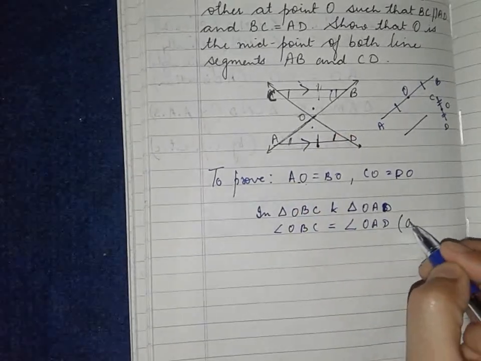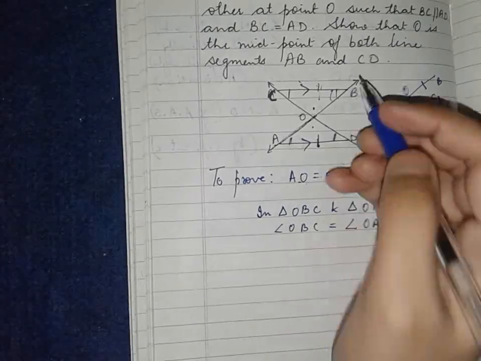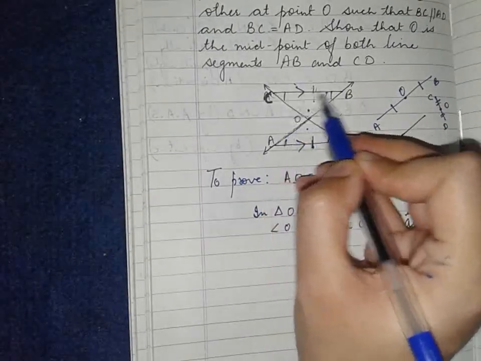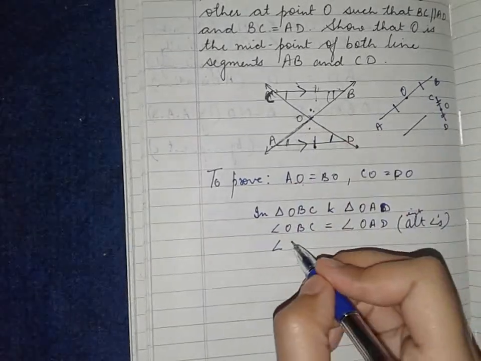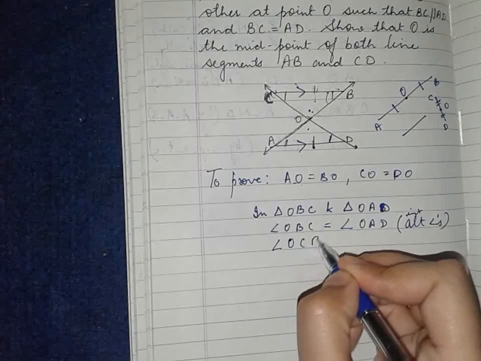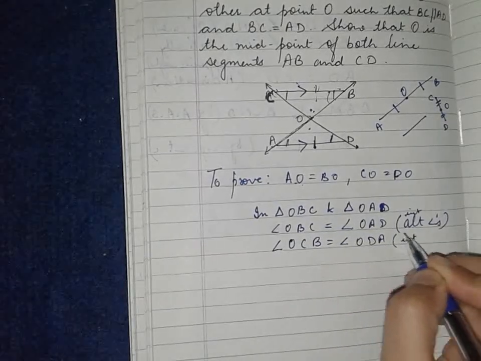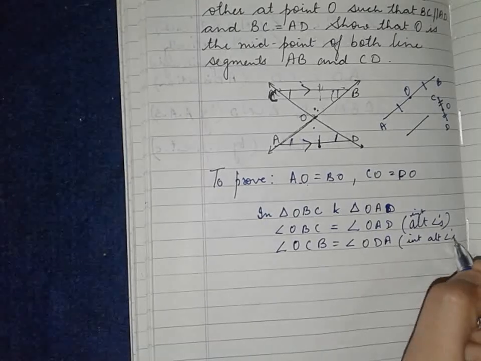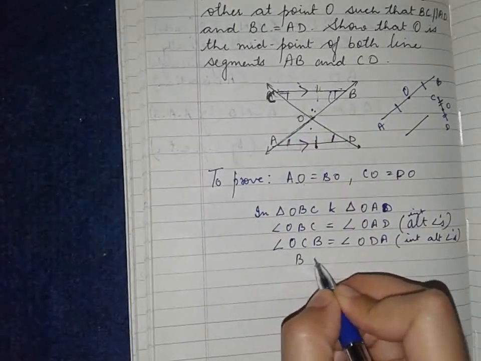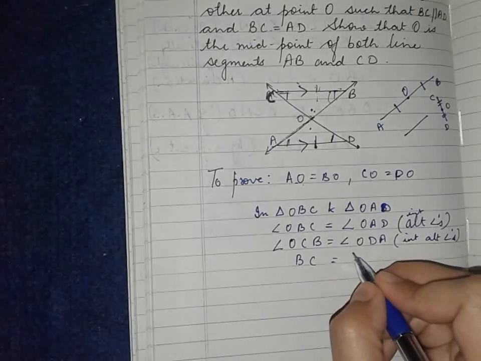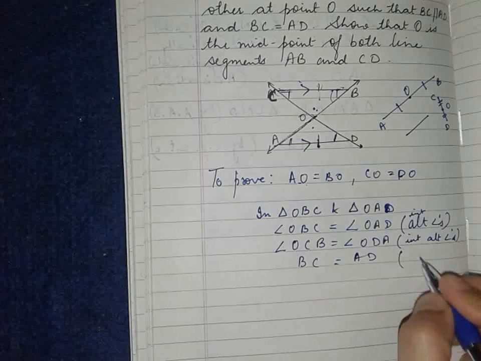Reason: alternate angles, interior alternate angles. Next, I am considering these angles, you can take this one also. Angle OCB is equal to angle ODA, again interior alternate angles, and the side which is included between them, that is BC, is equal to AD. Reason: given.